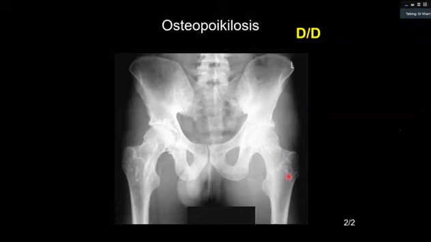So if you see here, they can be lanceolate or oval or rounded. They are usually around big joints on both sides. Just like this case, this is quite classical. And this is known as osteopoikilosis, not to be confused with anything more sinister.